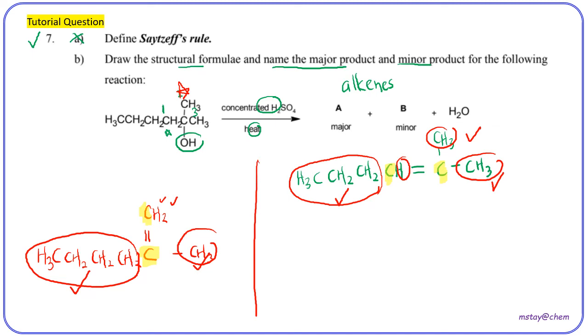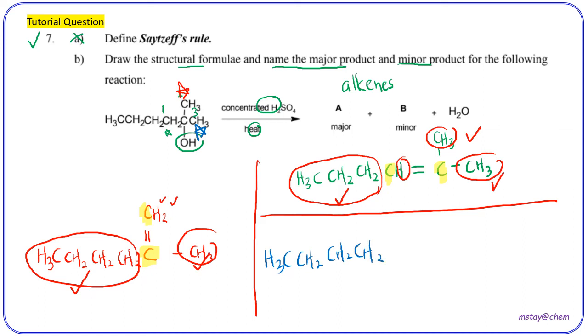Okay, another one is if the hydrogen is removed from this carbon number 3. So what will happen? The product will be H3C, CH2, CH2, CH2, C, CH3, and then double bond CH2.